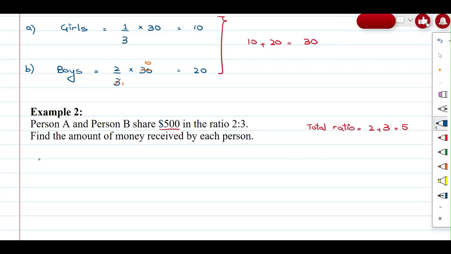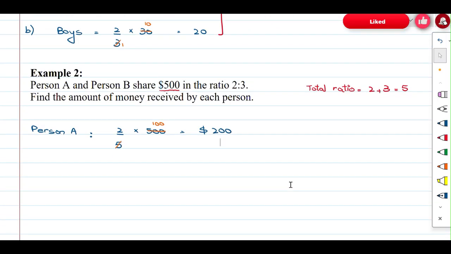Now let me solve for person A. The ratio for person A is 2 out of the total ratio 5, multiplied by $500. When I simplify, 5 times 100 is 500, and 2 times 100 is $200. So person A shares $200.